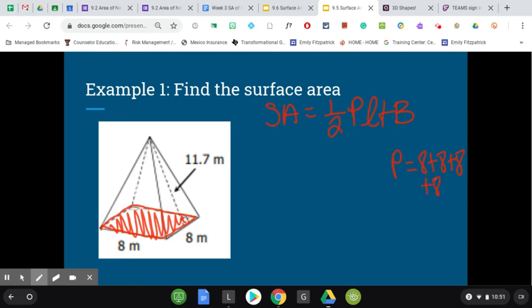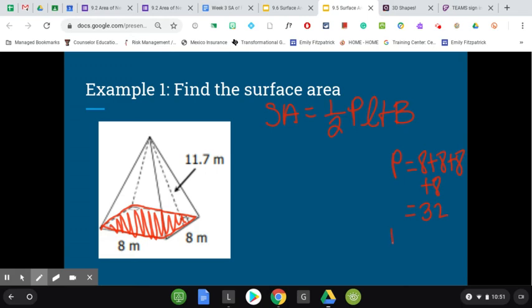So 8 plus 8 plus 8 plus 8, 4 times because that base has 4 sides. That is going to give us 32.